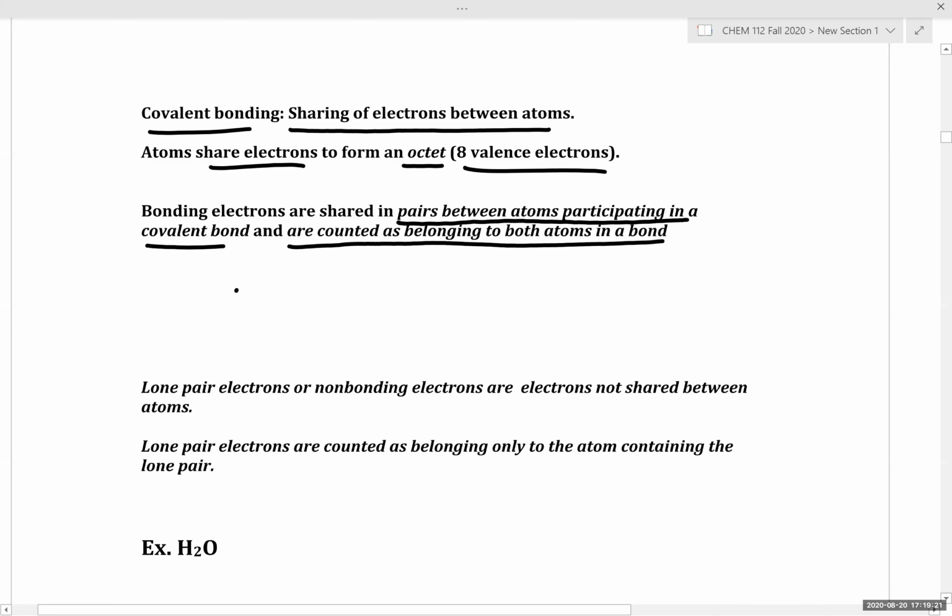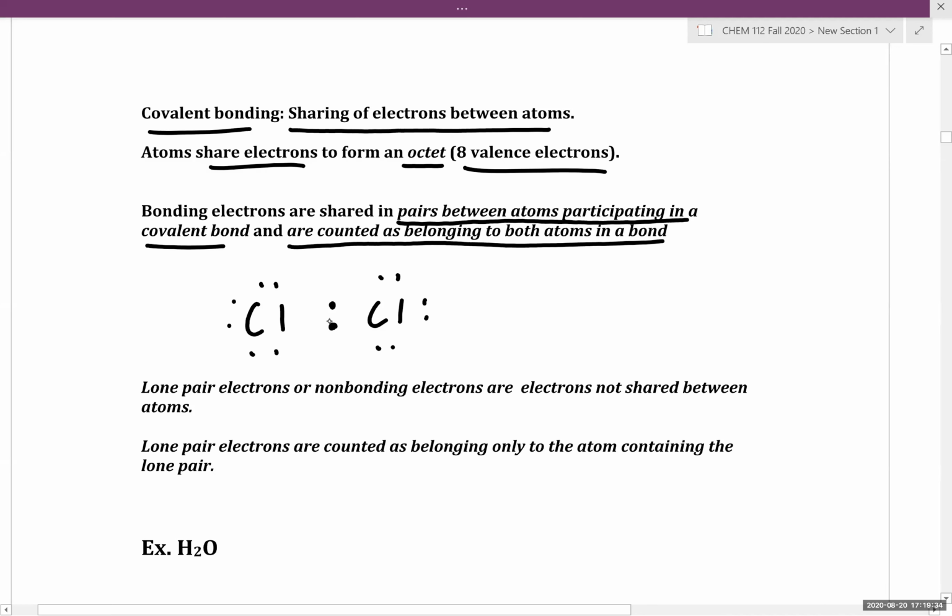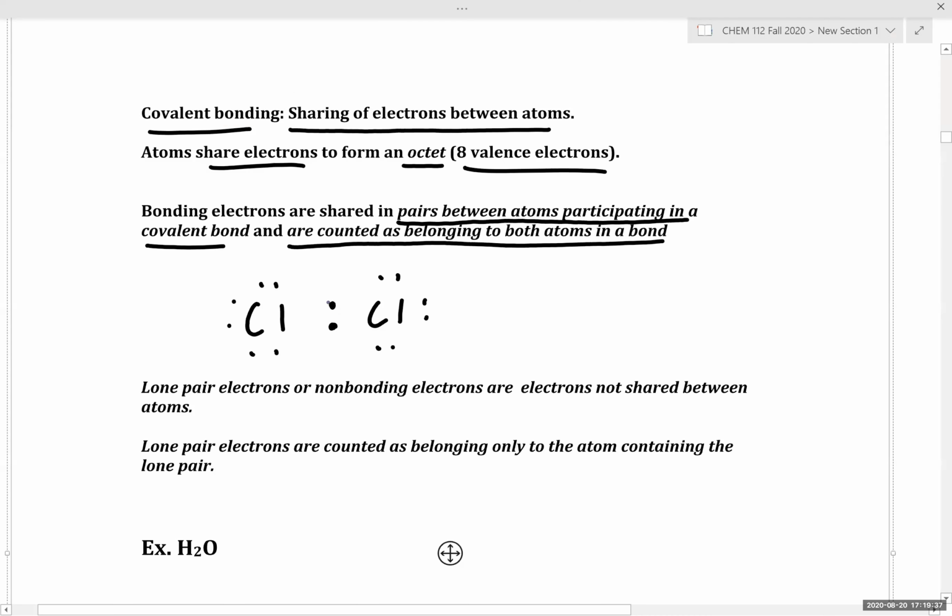So for example, if we look at a chlorine-chlorine bond, let me draw out our bonding electrons. So we have 2 bonding electrons.